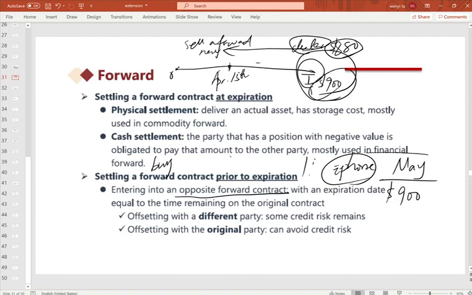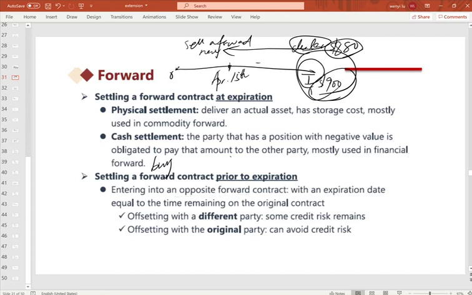Then if this contract is really valid between you and the dealer, meaning the dealer takes the offer to purchase the new forward from you, you can see these two positions are opposite. One position you need to pay $900, the other position you receive $880. So the difference will be $20.